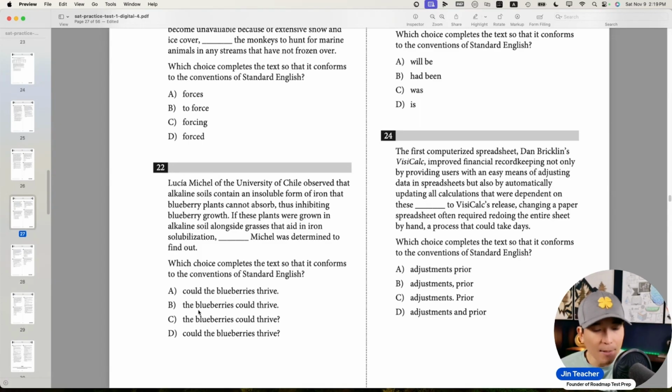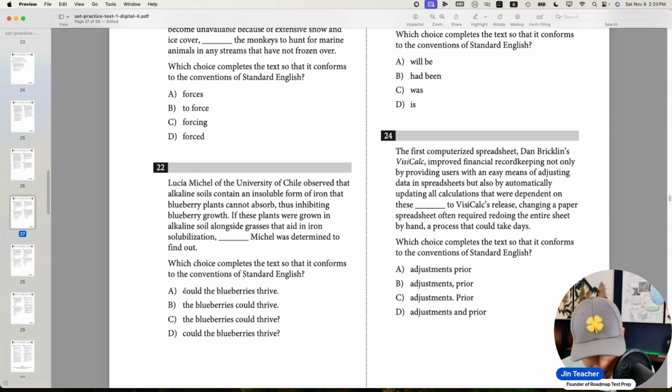So if you look at B here, the blueberries could thrive. This is written correctly, because the blueberries is the subject and then the verb is could. This is where the subject appears before the verb, and that's how you write an indirect question correctly.